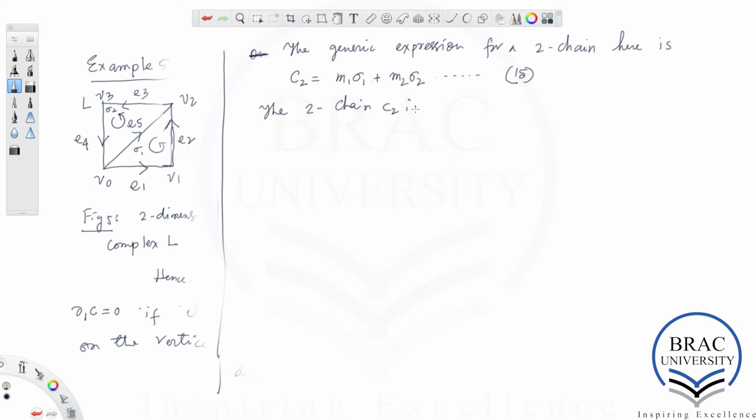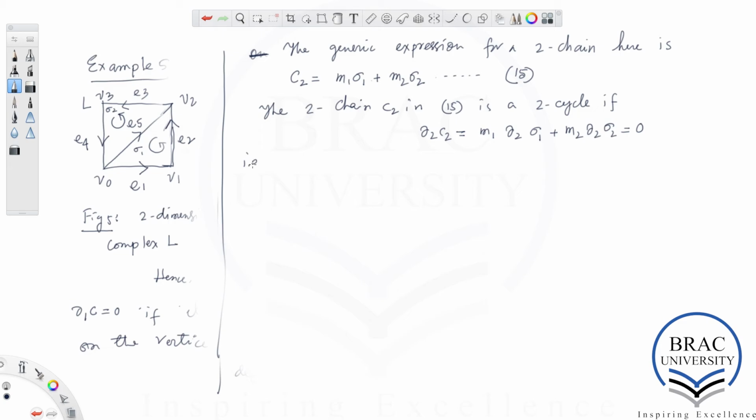The two-chain C2 in 15 is a two-cycle if del 2 of C2, which is M1 del 2 of sigma 1 plus M2 del 2 of sigma 2, is equal to 0.